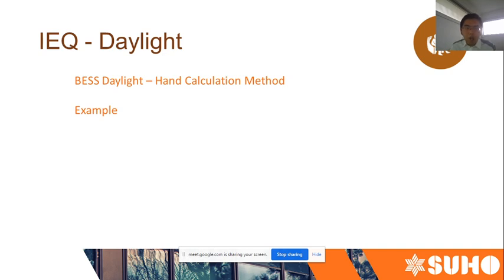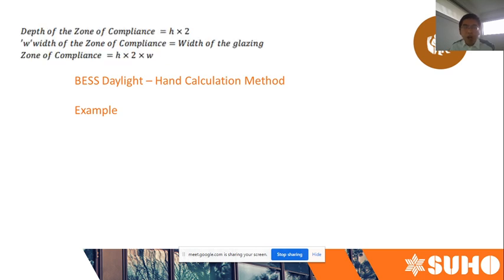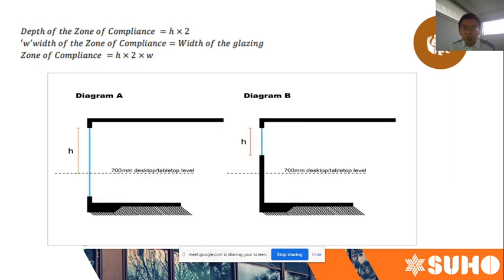So here I want to show you an example of hand calculation. For hand calculation, first we need to determine the depth of the zone of compliance. It is the effective height times 2. As you can see in these two diagrams, the effective height of the compliance zone is not the total height of the window.